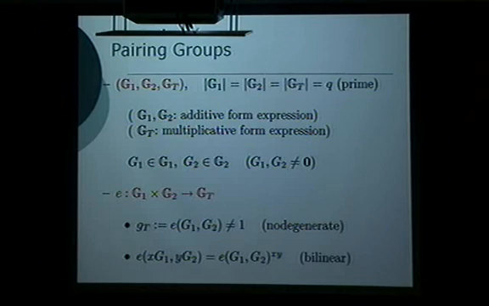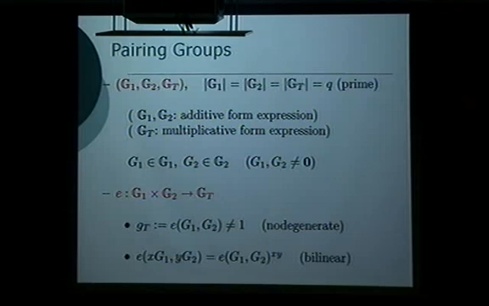So G1, G2, GT are three groups with prime order q. And now I use additive form expression for G1, G2, and multiplicative form expression for GT. It's the traditional notation in elliptic curves.